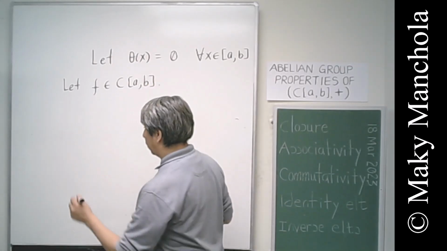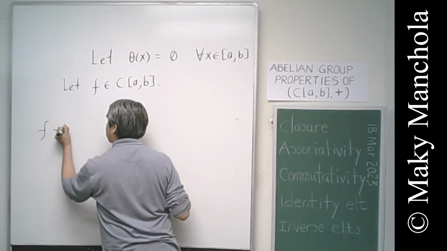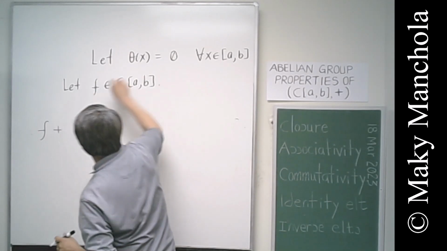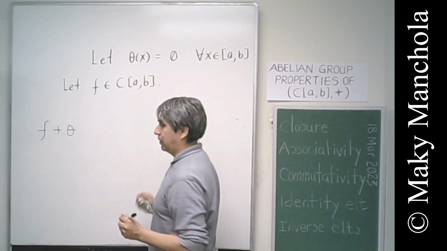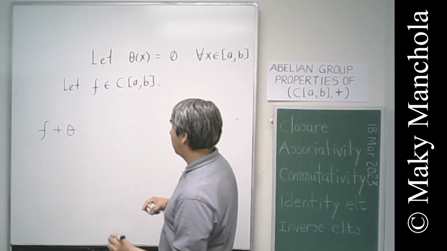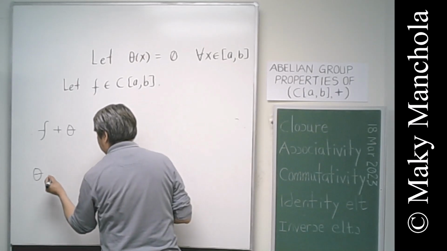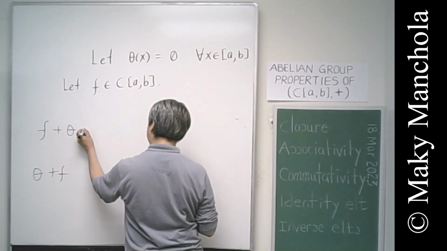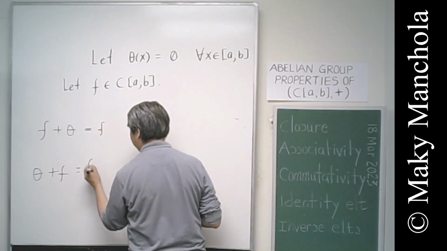So two calculations we need. We need to find what f plus theta is, our subject identity function, and we also need to find out what theta plus f equals. Our contention is that it will be f in both cases, so we have to verify this.